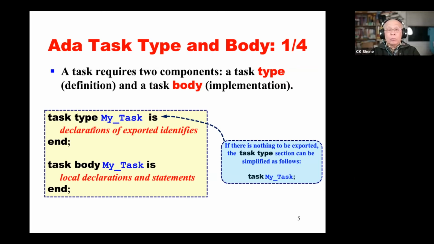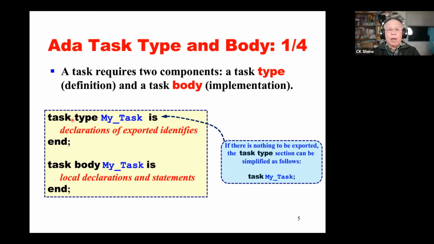So this task may export something for other tasks to use. Those exported identifiers are listed between the reserved word is and the reserved word end.